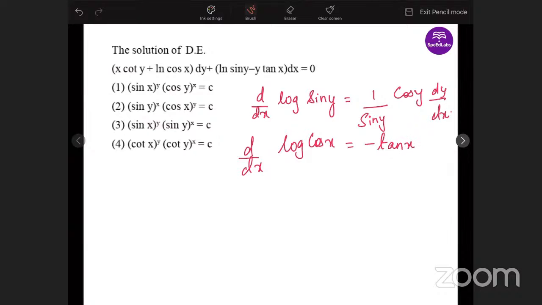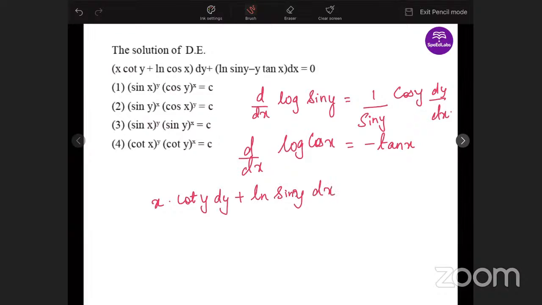So in our question, what is our question given? It is x into cot y into dy plus ln sin y into dx I can write.